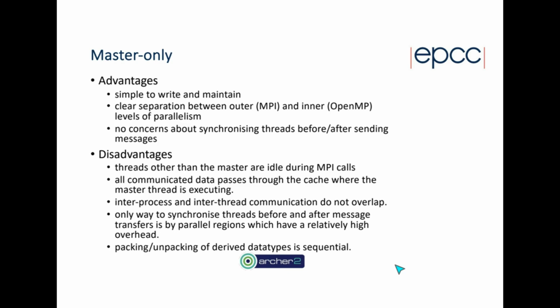Because all the MPI is done outside parallel regions, you have no concerns about having to synchronize threads before or after sending messages. In practice, the majority of applications that use MPI and OpenMP are written like this, largely because it's the easy way to implement it.